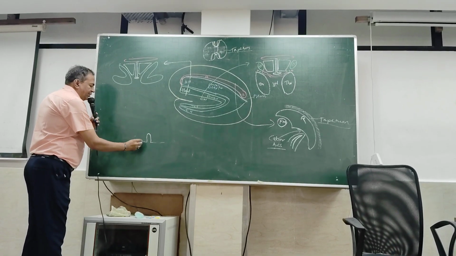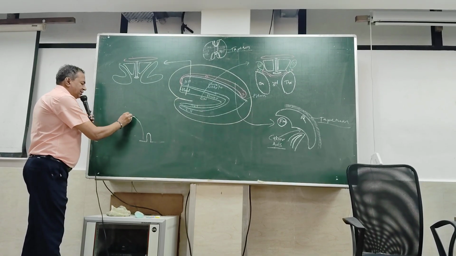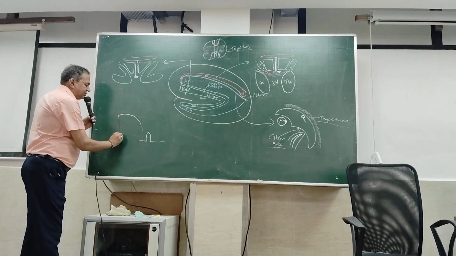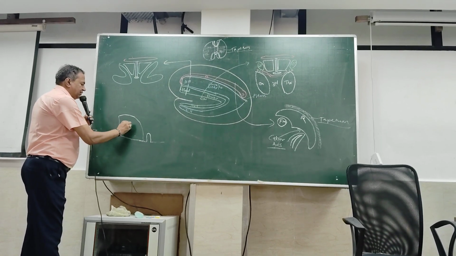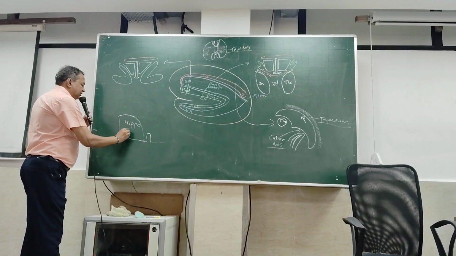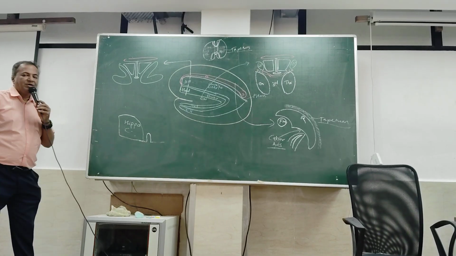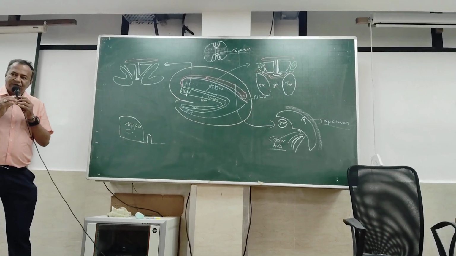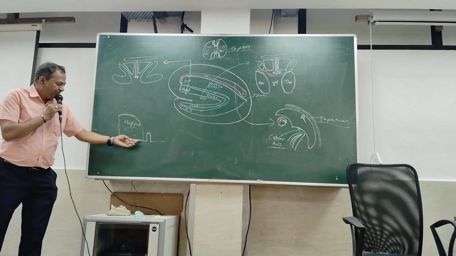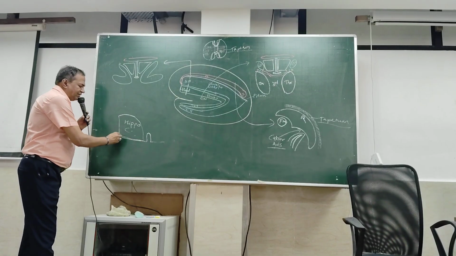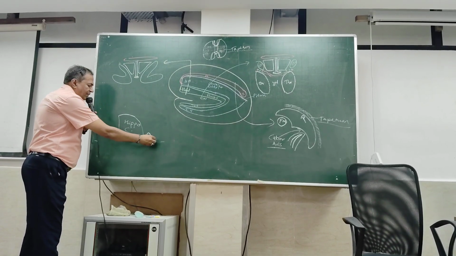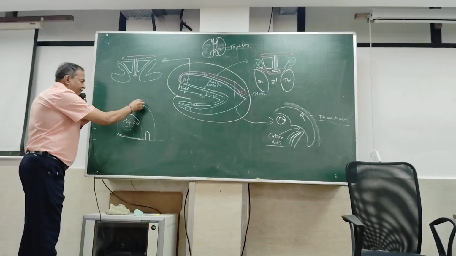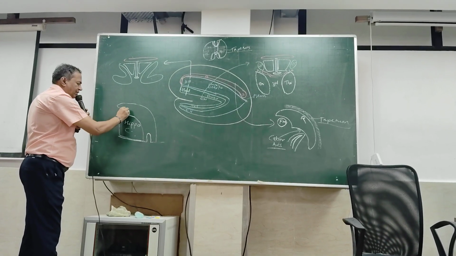Inside the parahippocampal gyrus is a structure called hippocampus. Okay? This is the parahippocampal gyrus. On the lateral surface, the inferior horn is like this.